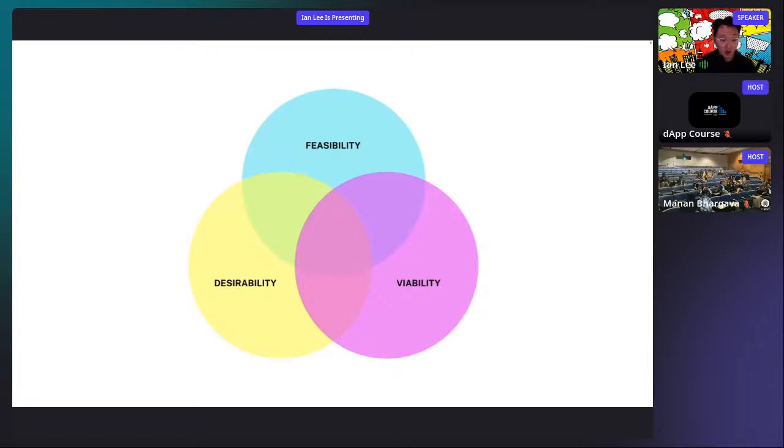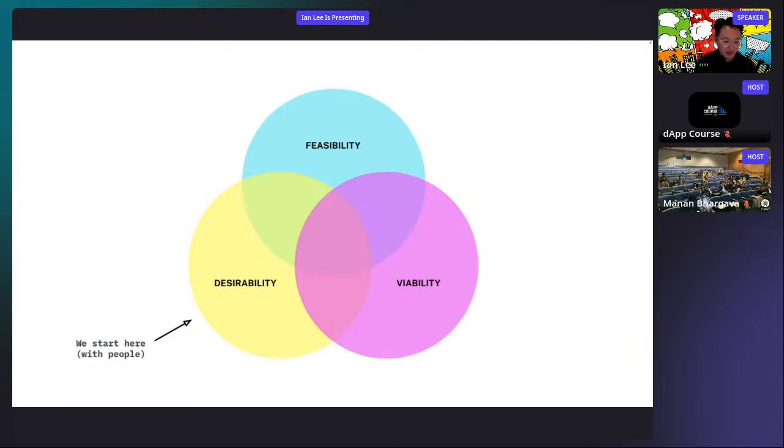It needs all three of these things. IDEO has this very opinionated view, which I strongly believe in, that you actually want to start with desirability and figure out whether or not it's viable and feasible.